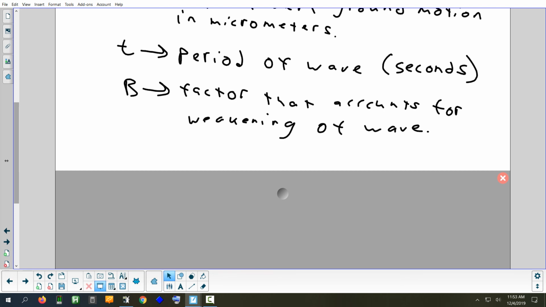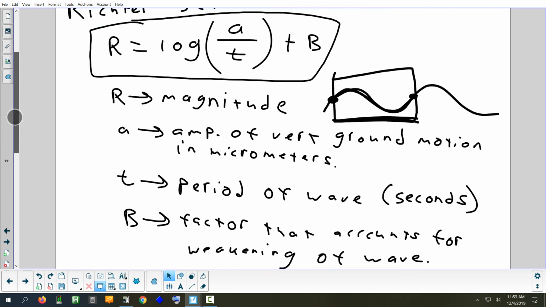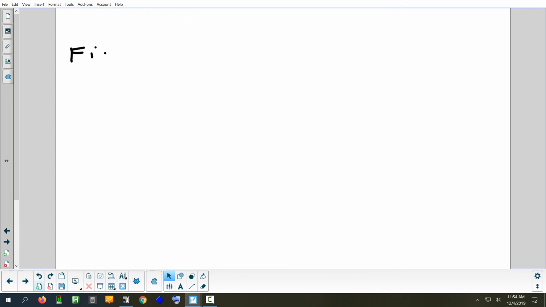Okay, so any questions on the formula? Okay, let's try an example. All right, so let's find the magnitude of the following earthquake.